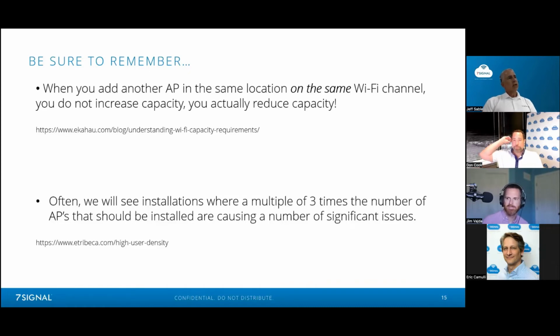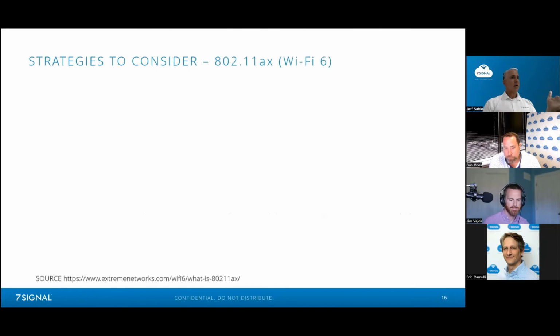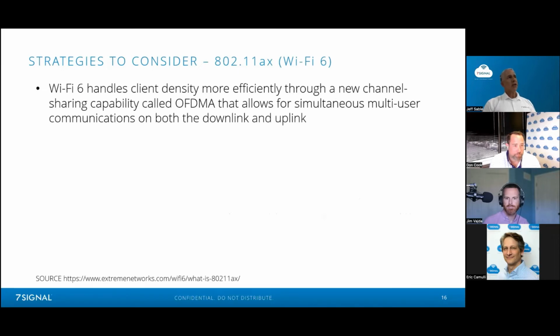All right. So we spoke about lowering the basic data rates or legacy data rates. We've suggested maybe tweaking power a little bit, maybe adding access points. But there's another arrow in the quiver. It's 2022. We should talk about Wi-Fi 6, right? So Wi-Fi 6 and OFDMA and the ability to do more things simultaneously is a huge opportunity for high density environments.